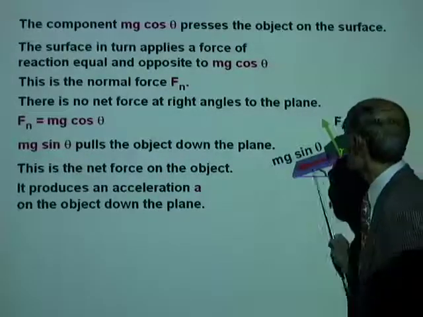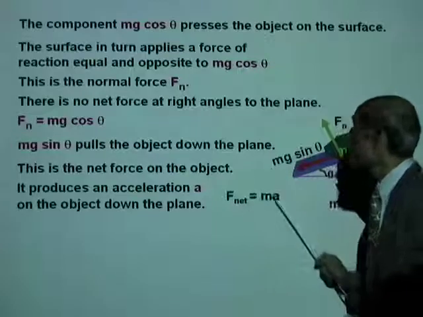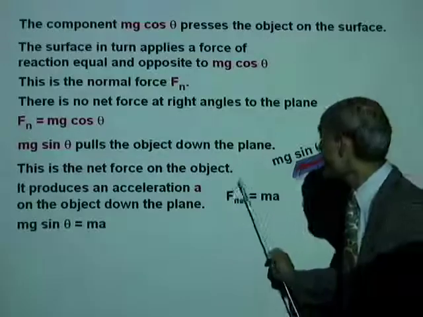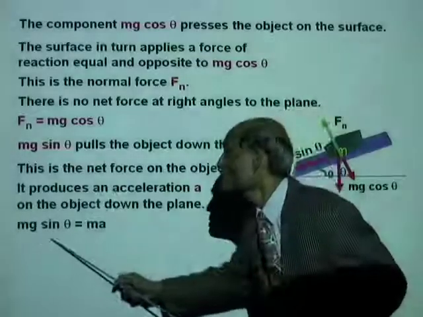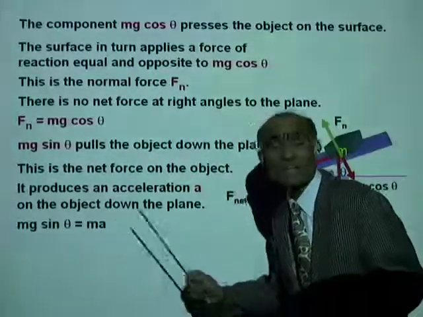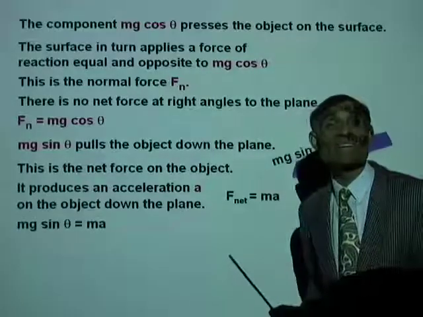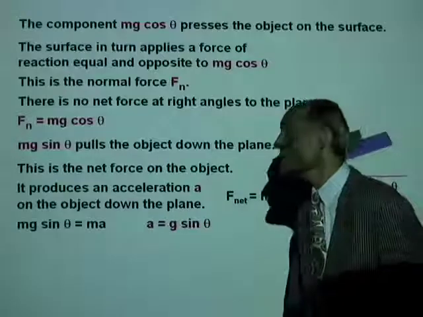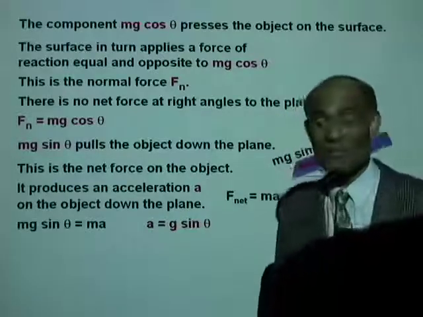So we know that the net force is equal to ma, F net equals ma. And that means the net force is mg sin theta, and mg sin theta equals ma. And therefore, a equals g sin theta.